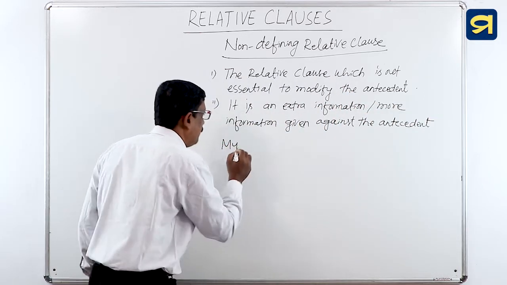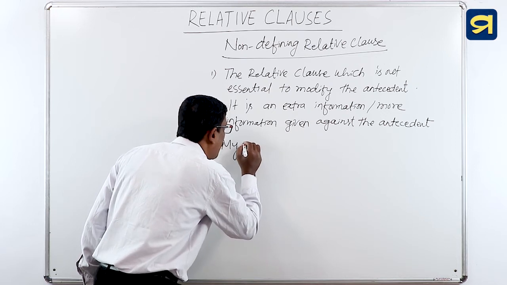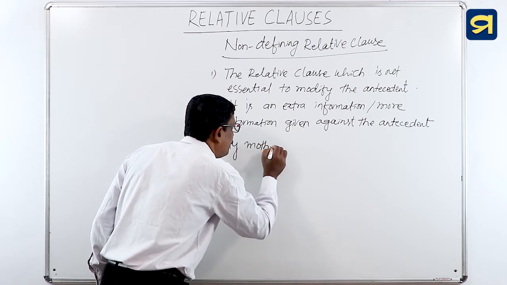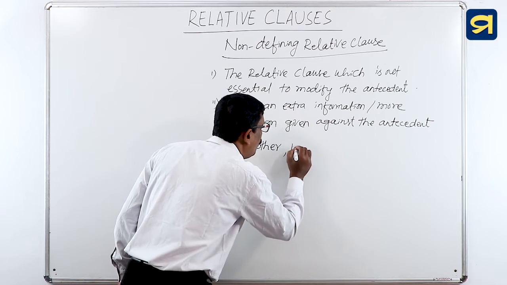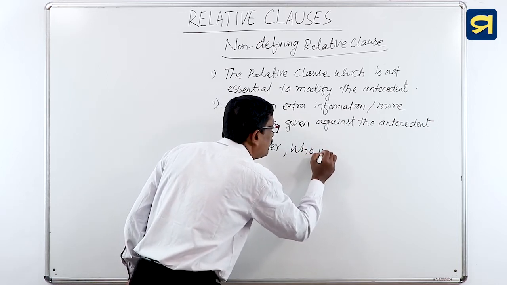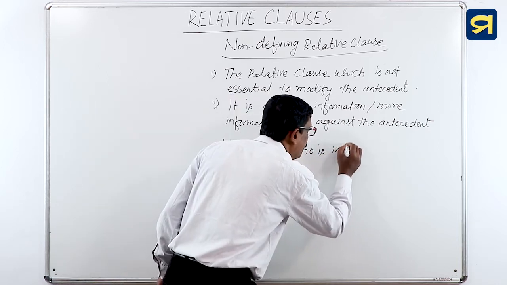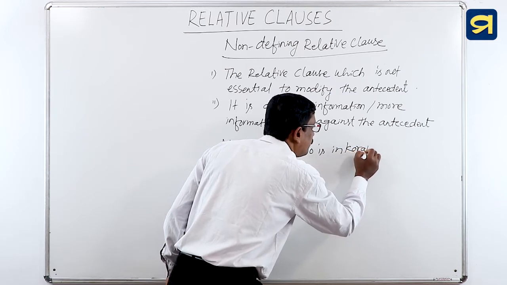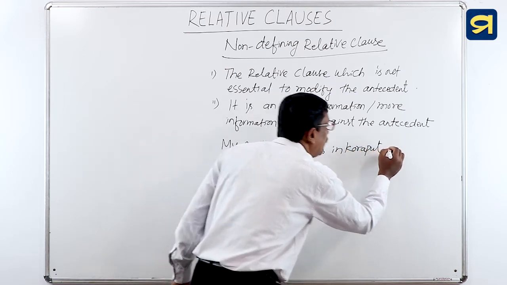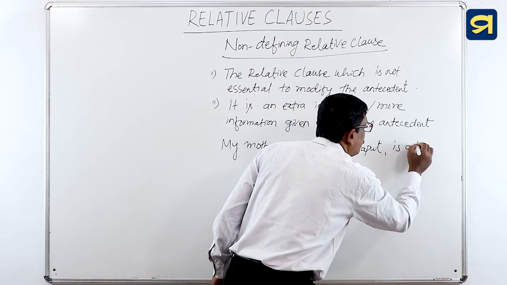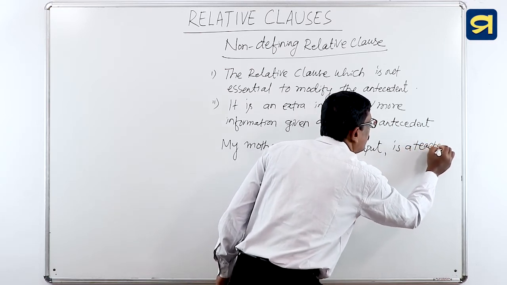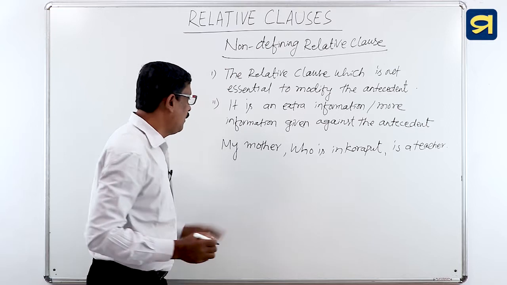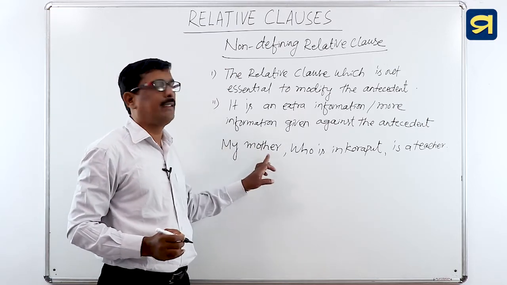Take an example. My mother, who is in Koraput, is a teacher. Here, my mother is the antecedent.